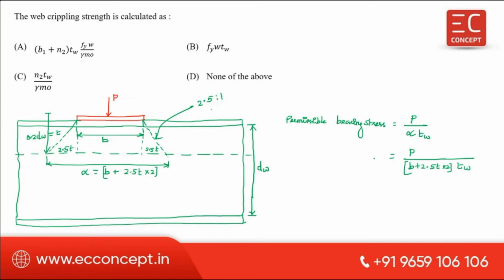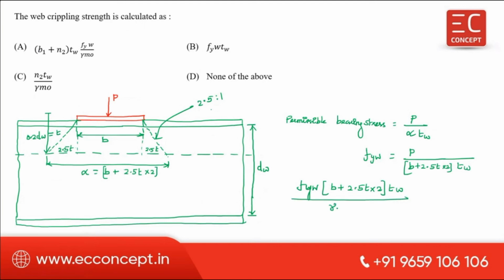Now what is the permissible bearing stress? FYW into B plus 2.5 into T into 2, into TW, divided by factor of safety.